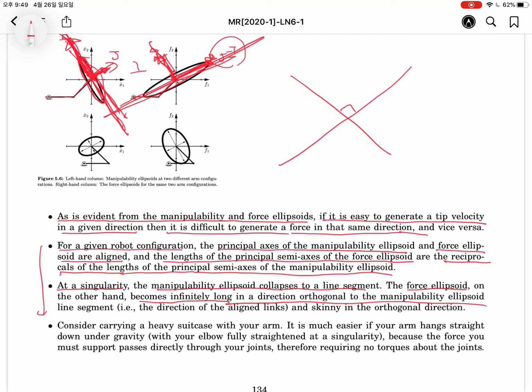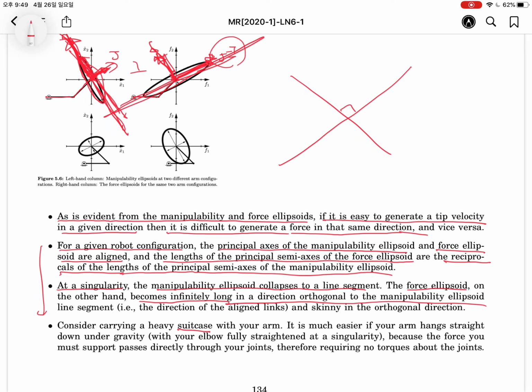Okay. In practical applications, if we want to carry a heavy suitcase using your arm, at that time our arms are stretched down along the gravity. At that time, the elbow is extended to 180 or 0 degrees.